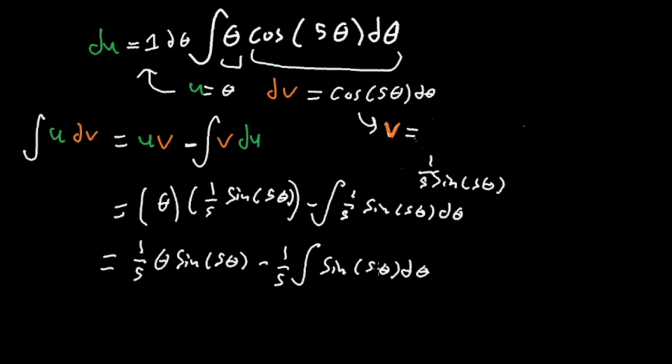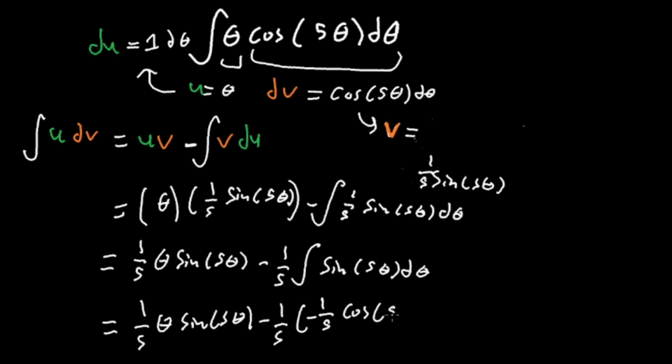Since we have a 5 theta on the inside, we do a 1/5 on the outside. So this becomes 1/5 theta sine 5 theta minus 1/5, and then our antiderivative is negative 1/5 cosine of 5 theta. And now that all of our integrals are gone, we add our plus c.